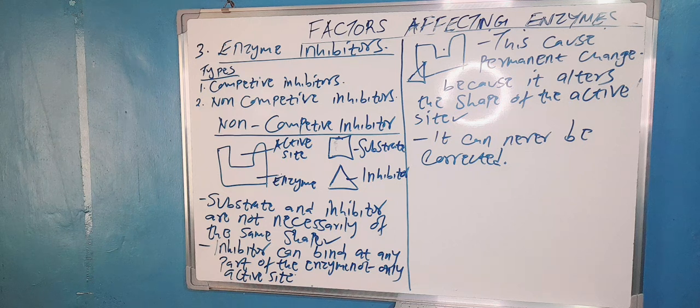So we have said we have these factors which affect what? Enzyme: temperature, substrate concentration, enzyme inhibitors. And on enzyme inhibitors we have discussed two. And which are those two? We have said the two are competitive and the non-competitive.